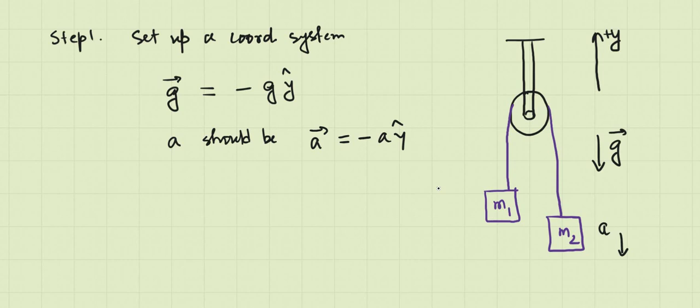That's how it should work, because we have assumed that m1 is less than m2.